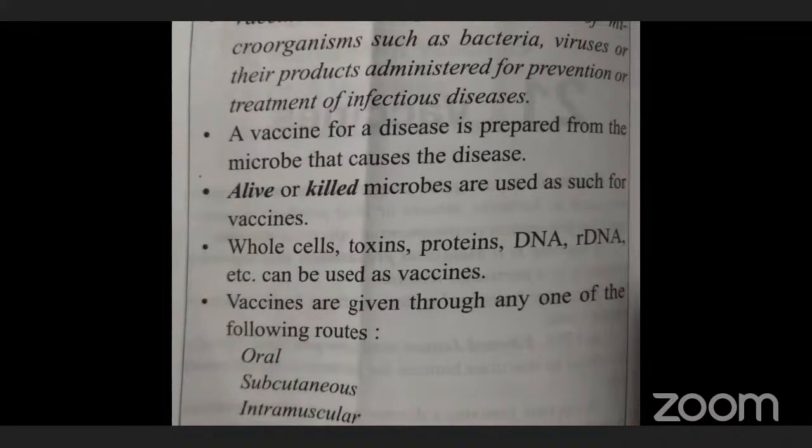For example, the polio vaccine is prepared from the inactivated polio virus. Similarly, corona vaccines are prepared from killed coronaviruses, or maybe an organism product, for example the spike protein, which is used to produce the coronaviral vaccine. Clear? So a vaccine means organisms or a product of organisms, used to prevent or treat infectious diseases.